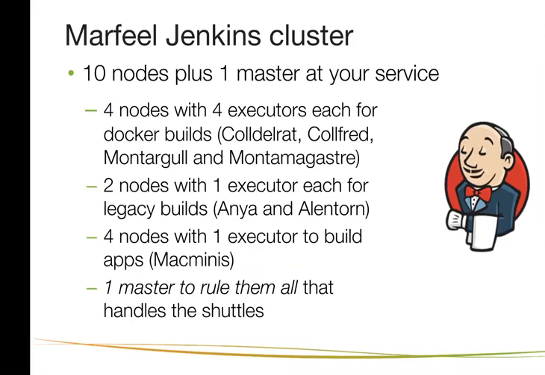And we have 4 nodes with 1 executor that only build the applications. Until now, we don't see any reason to scale this because it's working quite okay. We don't build that many applications, so it should be enough for some time. And we have one master that rules everything, and it handles the shuttle. So every time you do a shuttle, the node that is working is the master.